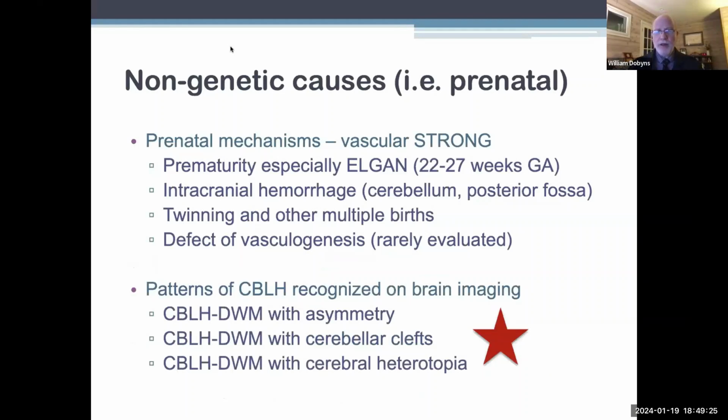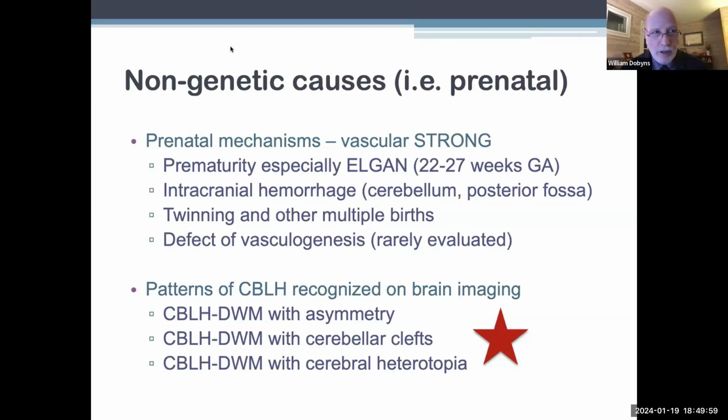All right, here are the other really important patterns that I spent over a year trying to define as we prepared this paper. Here are the 3 patterns that are associated with a low yield from genetic testing, often a very low yield, which suggests that maybe these are not genetic. First, cerebellar hypoplasias or Dandy-Walker malformation with asymmetry of the cerebellar hemispheres, not subtle asymmetry, but obvious, severe asymmetry.